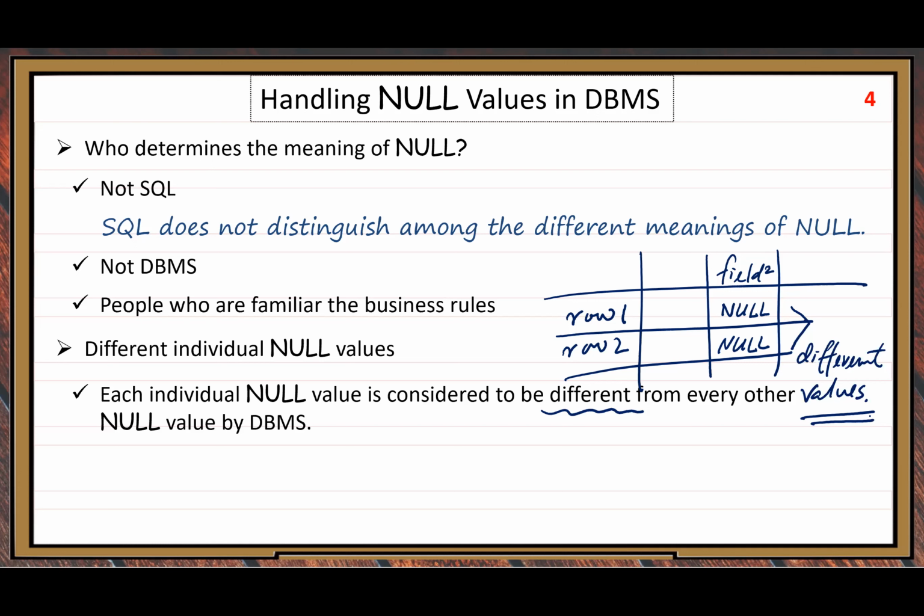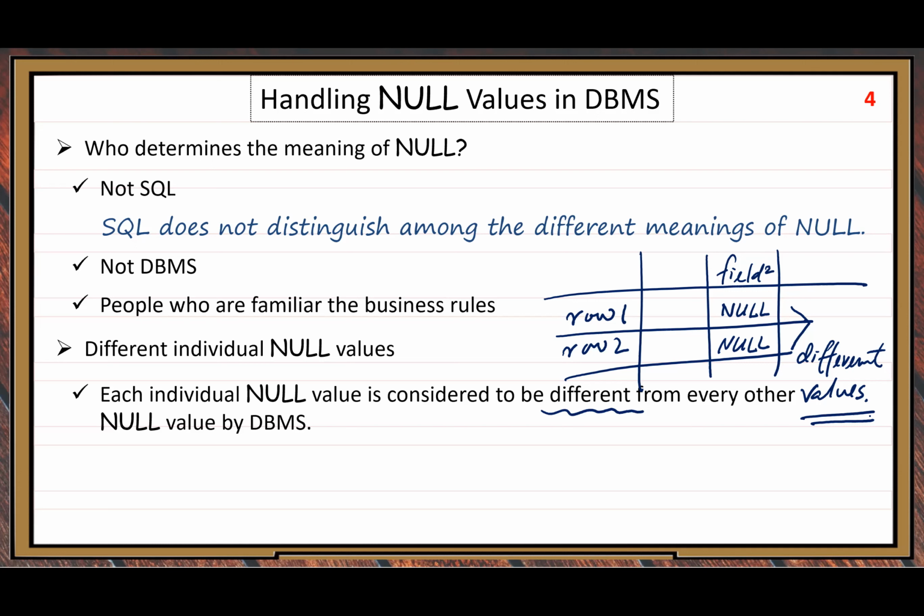Think about the unknown case, row 1 and row 2. The values for field 2 are unknown, so you need to find them later. There is a good possibility those values could be different. Definitely there is another possibility they could be the same.